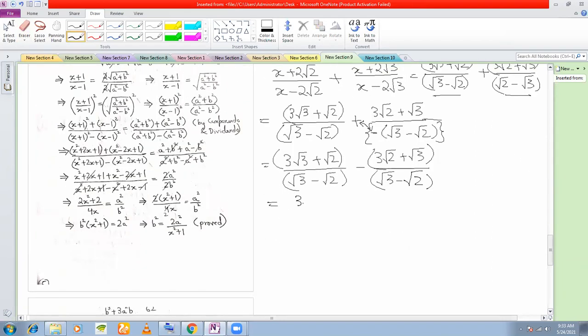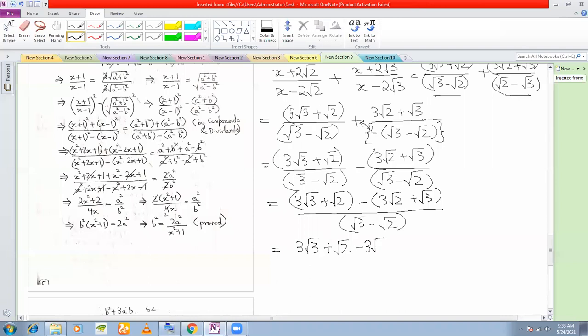In the next step, you'll get 3 root 3 plus root 2 minus 3 root 2 plus root 3 divided by root 3 minus root 2. So you have 3 root 3 plus root 2 minus 3 root 2 minus root 3 divided by root 3 minus root 2.